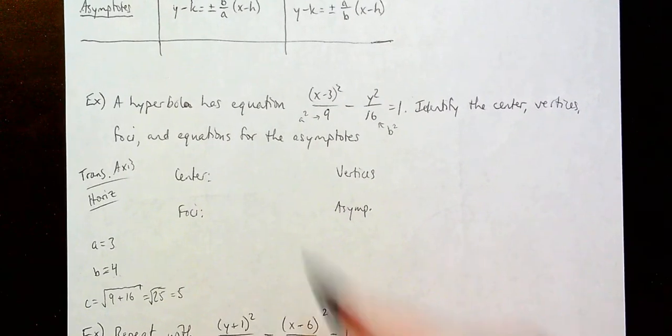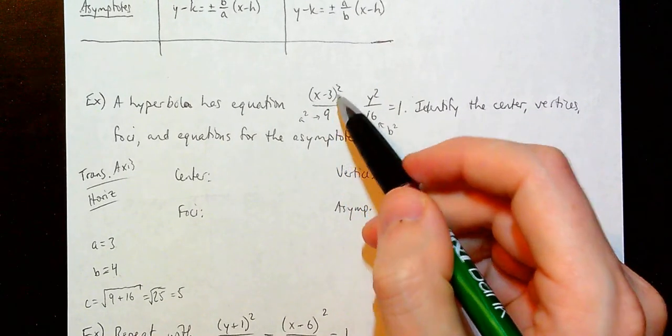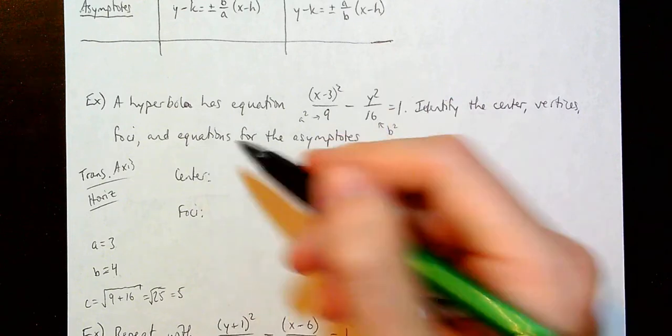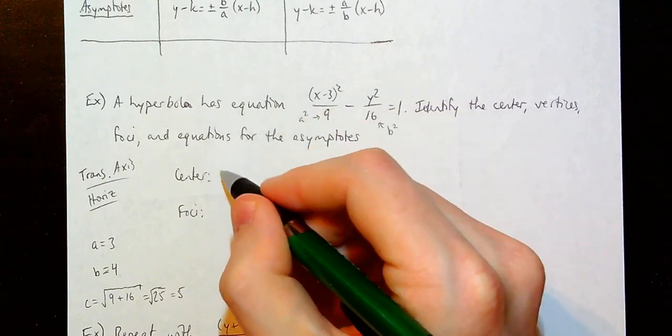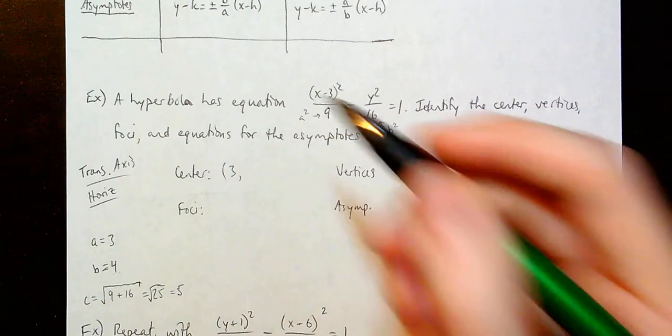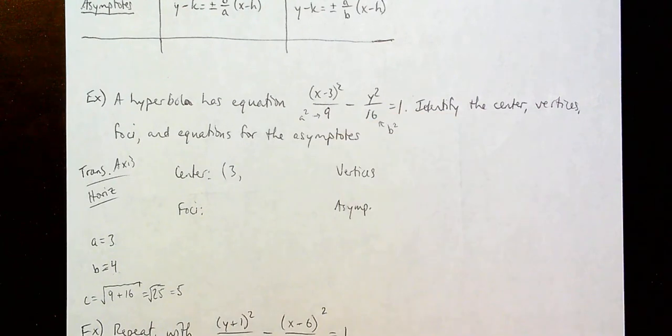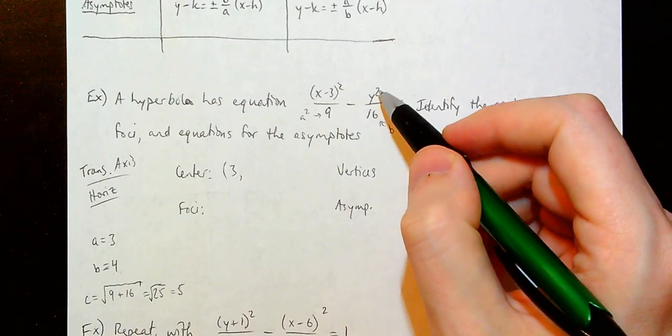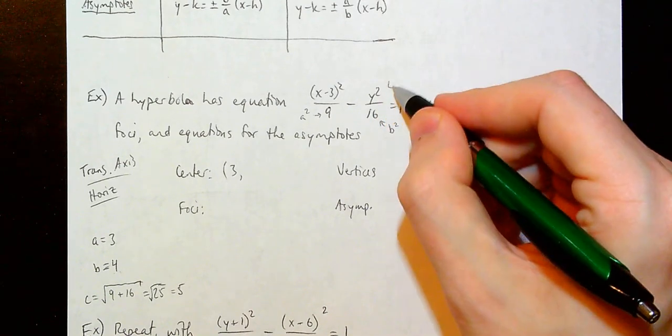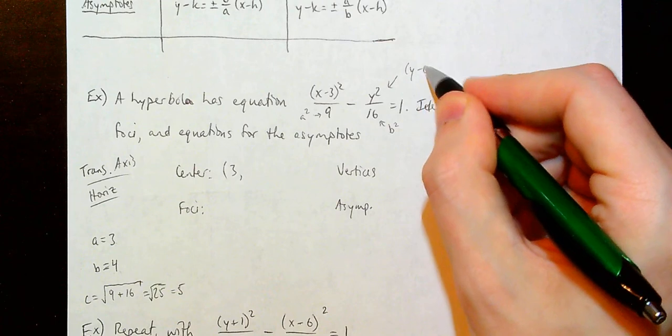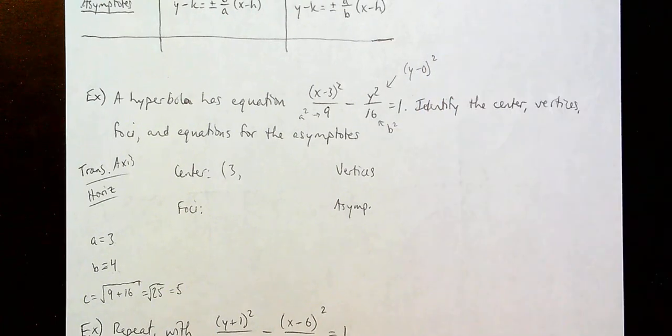So here we have x minus 3. So x minus h, x minus 3. My h value, the x coordinate of my center point, is 3. Here we just have y squared. Well, this is saying the same thing as y minus 0 squared. So y minus 0 squared, y minus k squared.